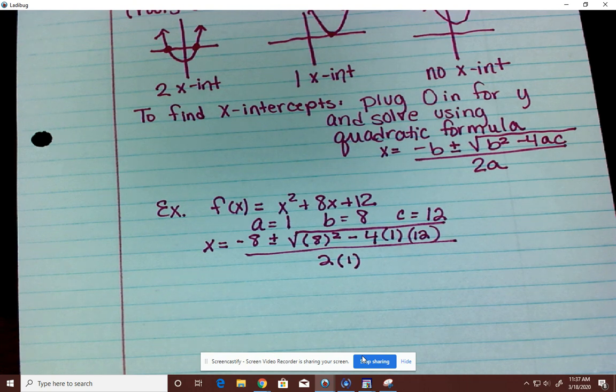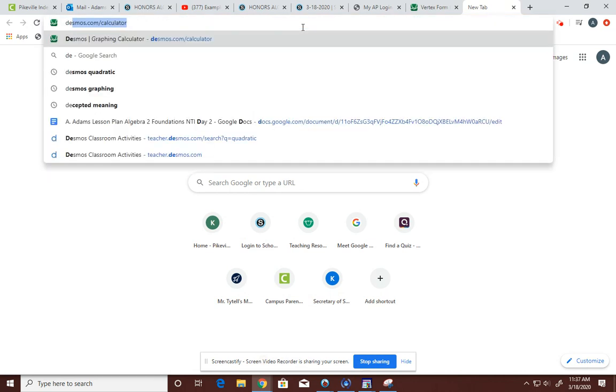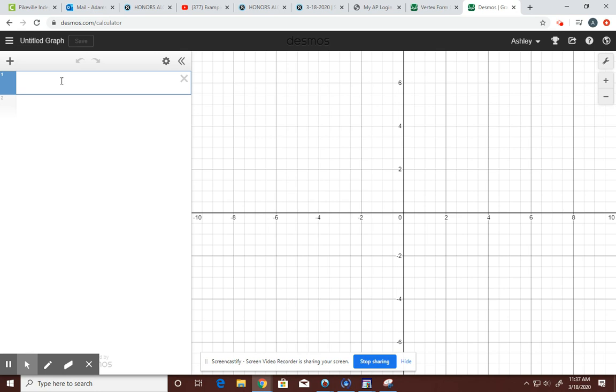So now we're going to look at the Desmos calculator on how to type that in. If you want a fraction, I'm going to type in negative 8, and then I'm going to hit divide. Then I'm going to go back up, and it's going to allow me to type in the numerator. So I'm going to put my plus sign in first.